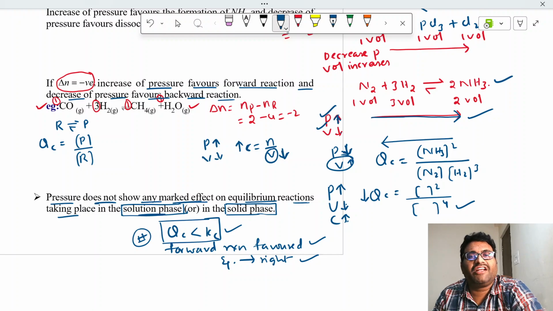That is the reason why there will be no effect on reactants and products which are either in solid state or in liquid state. So that is about the effect of pressure and effect of concentration on the position of equilibrium.